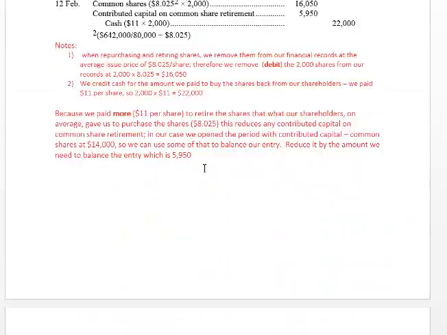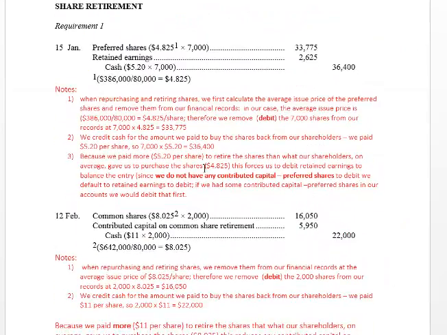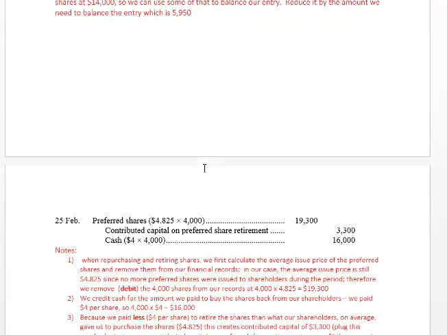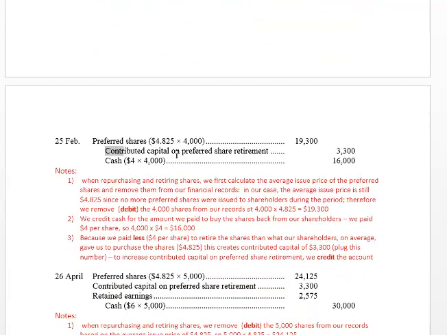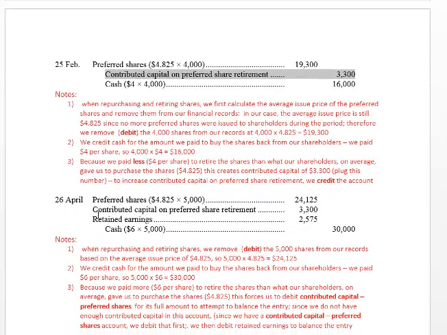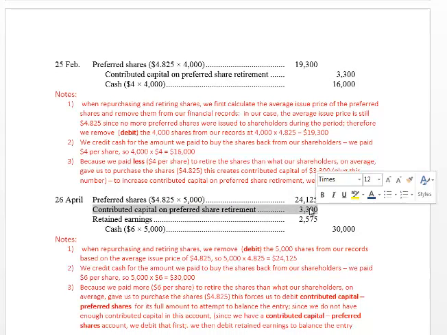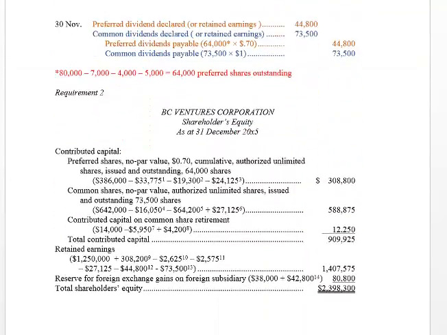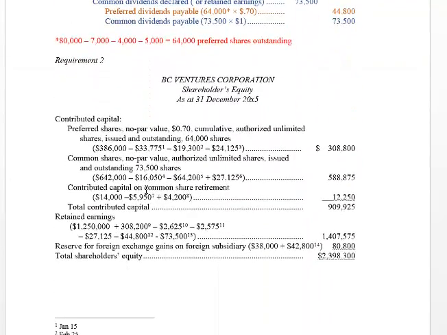You may remember, I'm just going to scroll up here, that we did have in our entries a creation of a contributed capital on preferred share retirement account on February 25th. But we used it all up on April the 26th when we retired some preferred shares. So it's a zero balance. That's why we've gone directly to calculating the balance in our contributed capital in the common share retirement account.